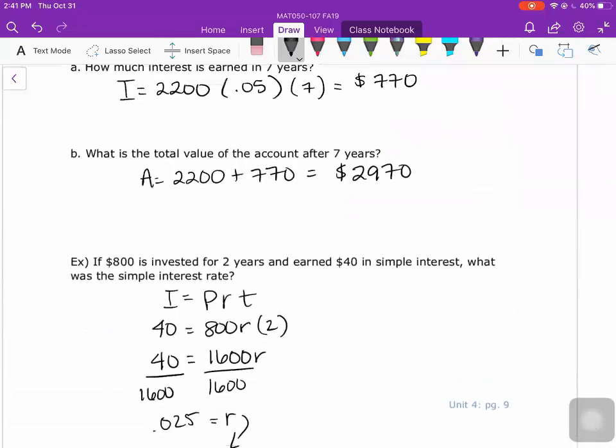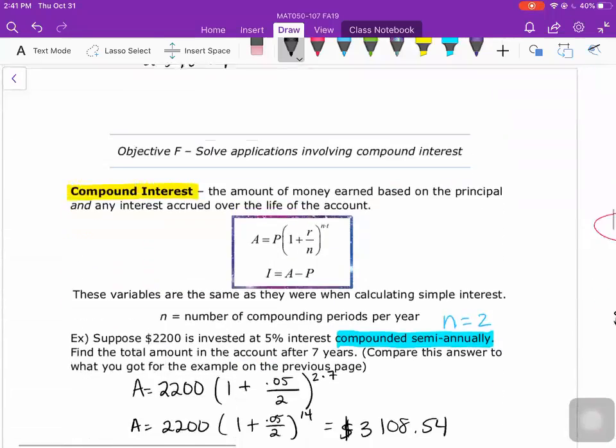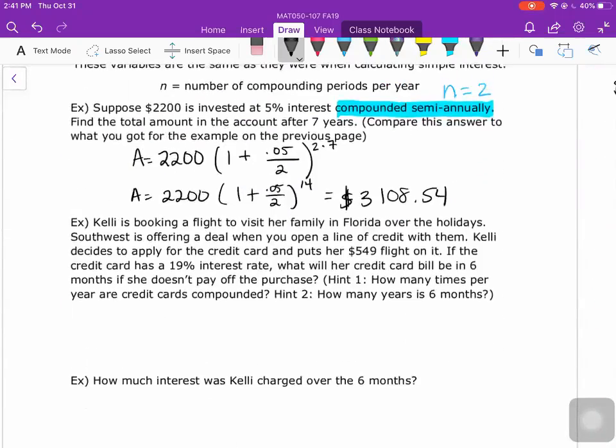When we use simple interest, we ended up with an account balance of $2,970. When we compounded semi-annually, so twice a year, we ended up with $3,108.54. So depending on the context of the problem, one is better than the other.